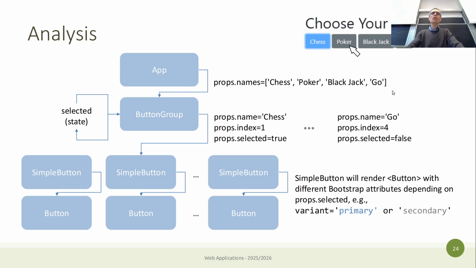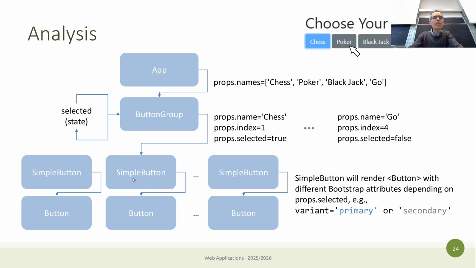Well, the solution is this one. We keep the state in the parent. This is named selected, a state in the parent. And we pass the state to the buttons, because each button has a number or a name, and you can pass the index, the name, whatever you want.